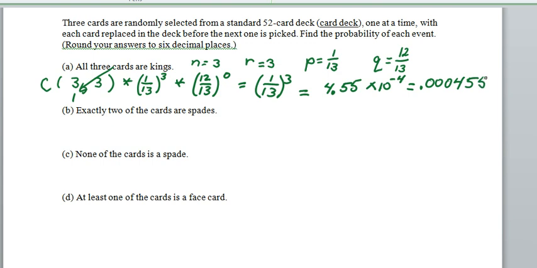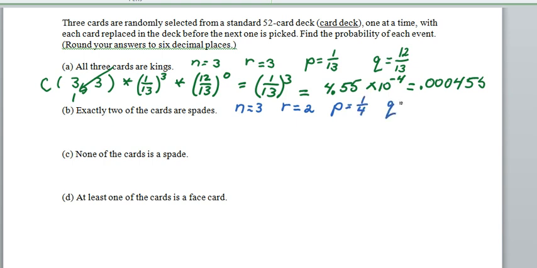What is the probability that exactly 2 of the cards are spades? So again, we've got n equals 3. This time the number of successes will be the number of spades, which will be 2. Now, 1/4 of the deck are spades, so the probability of a spade is 1/4.